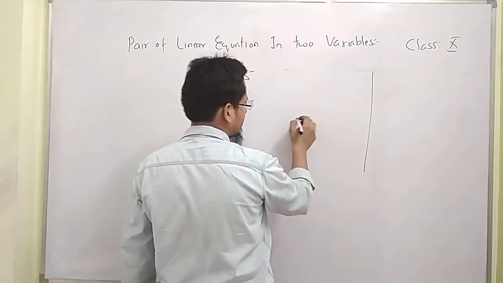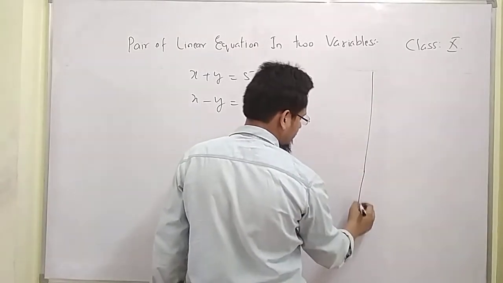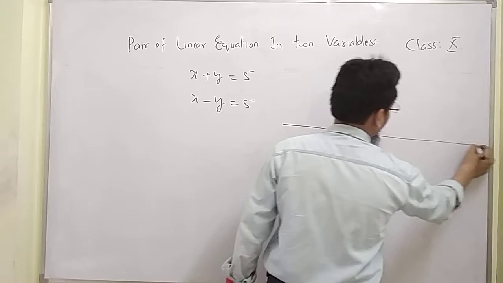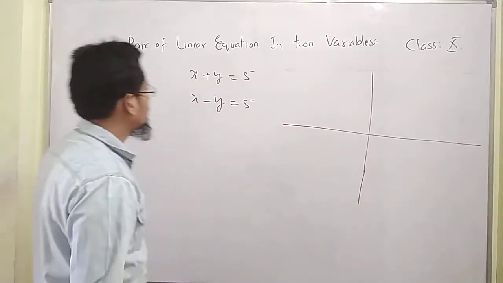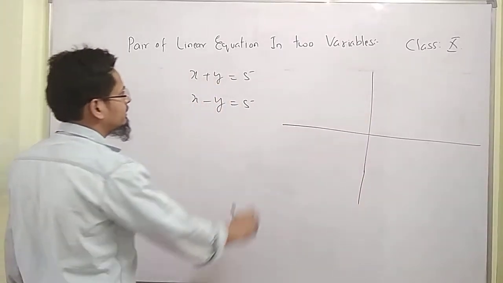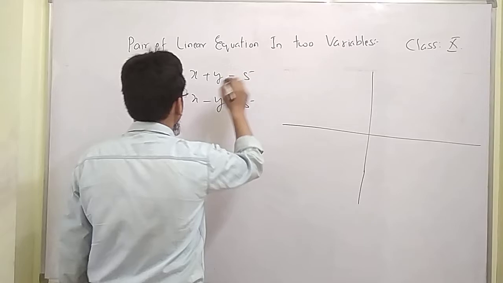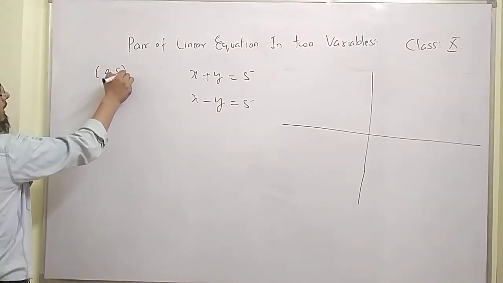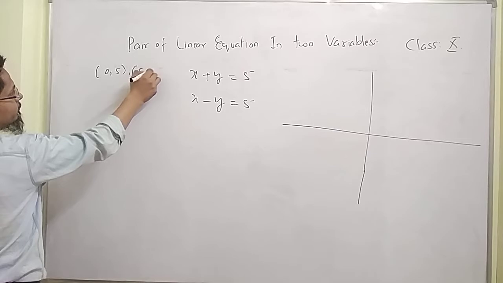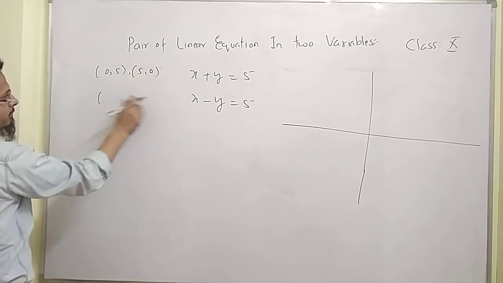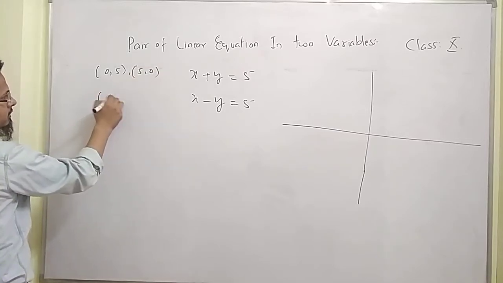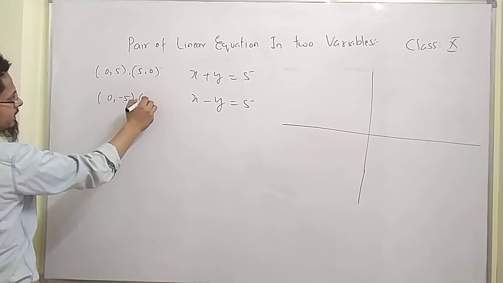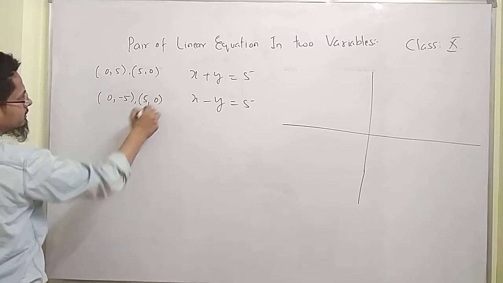It is the y axis, it is the x axis, class. So the solutions of the first equation will be 0 comma 5 and 5 comma 0. This time it will be 0 comma minus 5 and 5 comma 0.